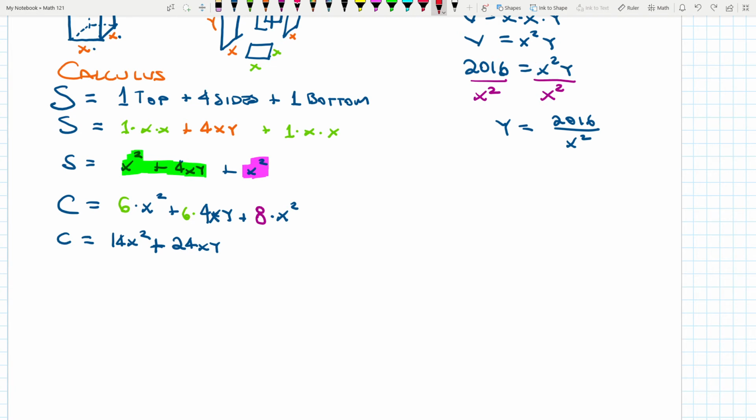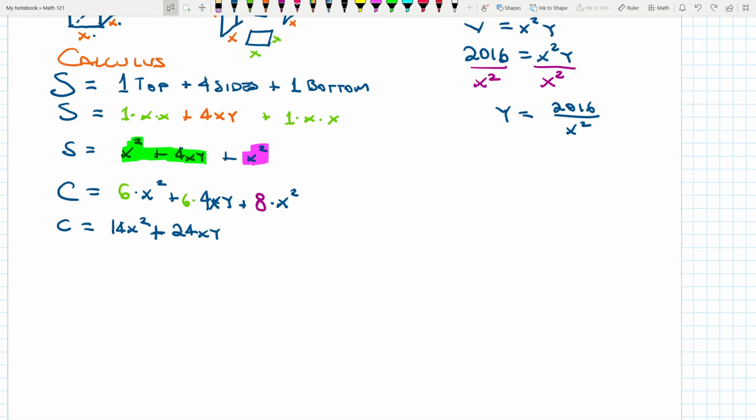So it's better to solve for y and substitute it in the calculus part. So C equals 14x squared plus 24 times x times y, which is 2016 over x squared.